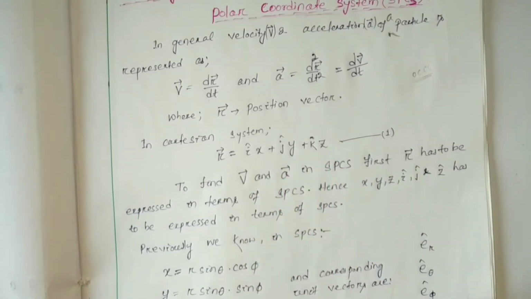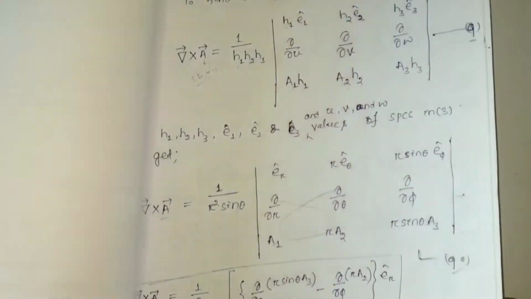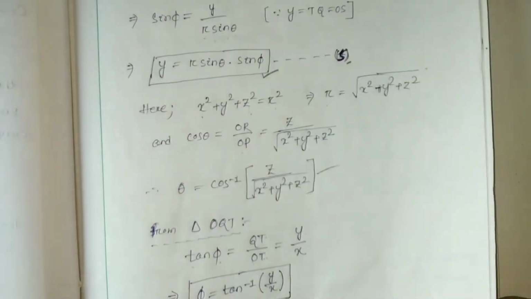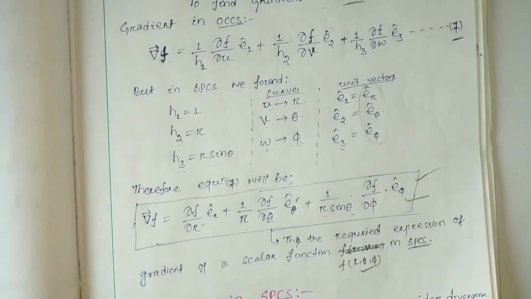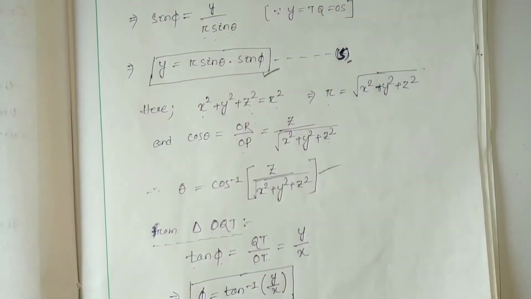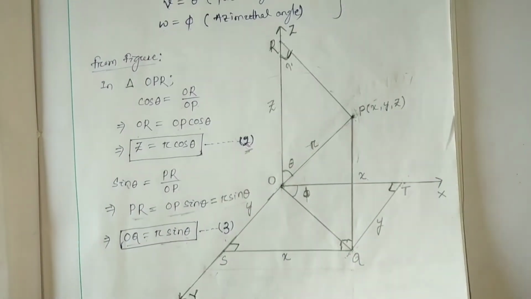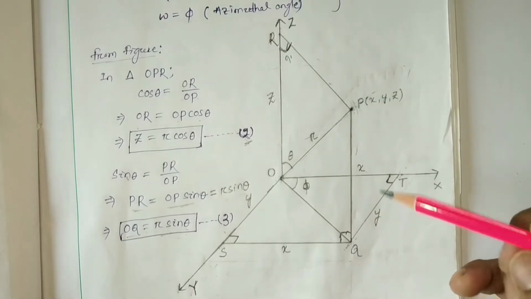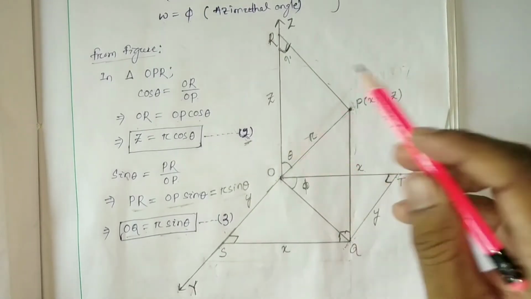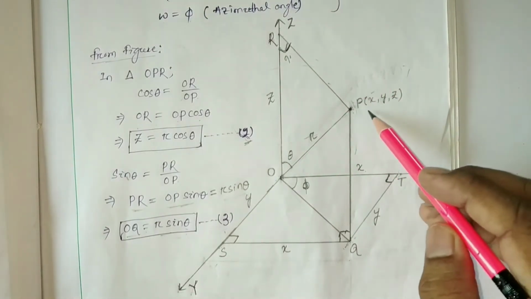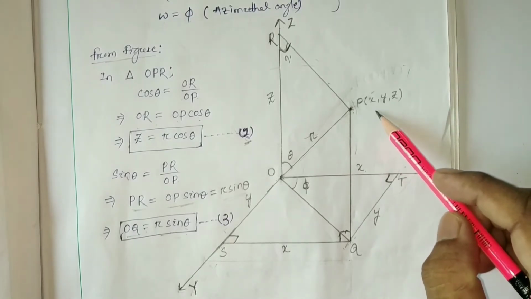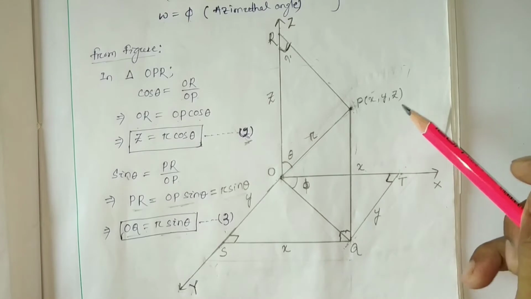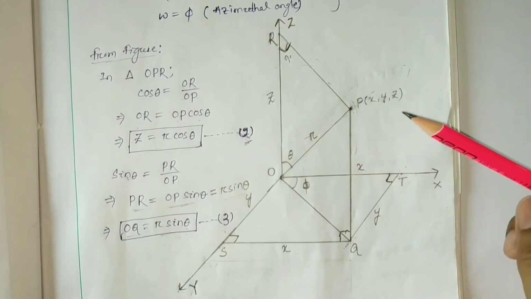I am going to show you the case of the spherical polar coordinate system. Here you can see, you can check your notes, this is the diagram of the spherical polar coordinate system. Any point P in the spherical polar coordinate system can be represented by the Cartesian coordinate system, and we know that both are coupled with each other.